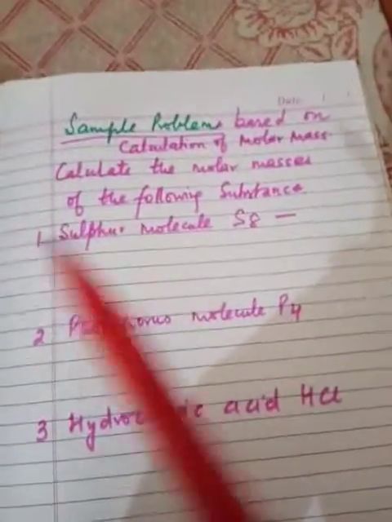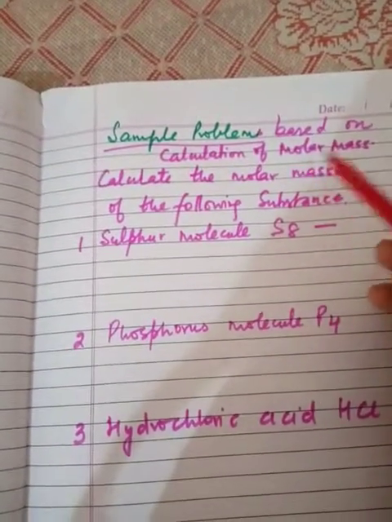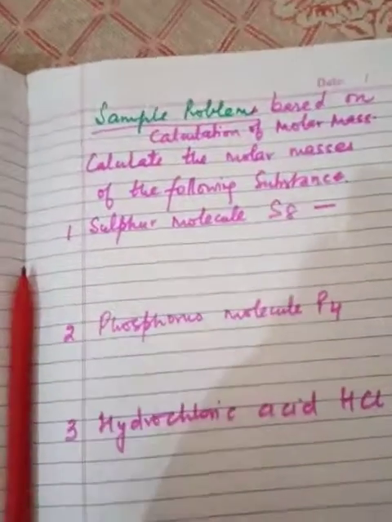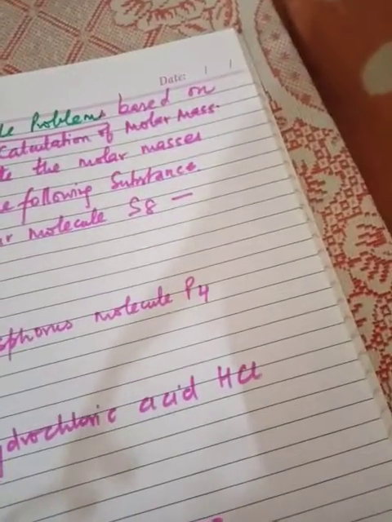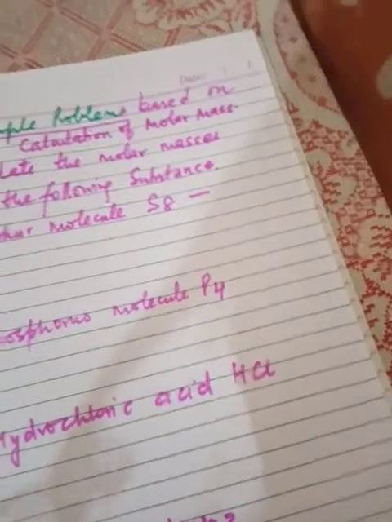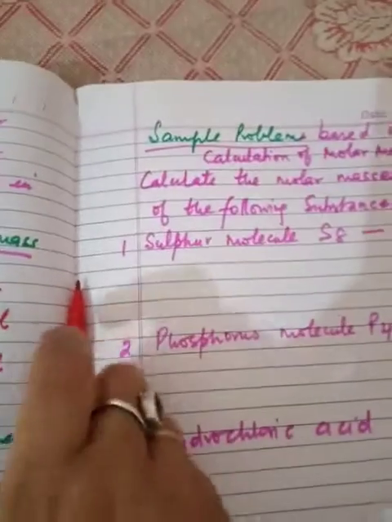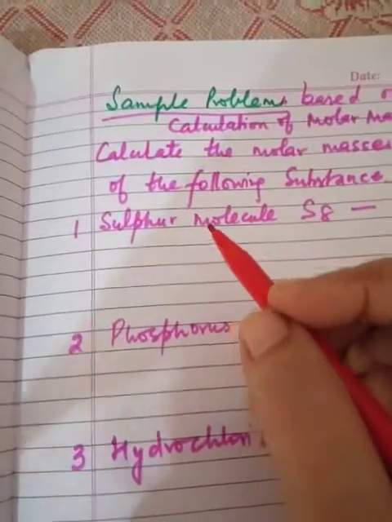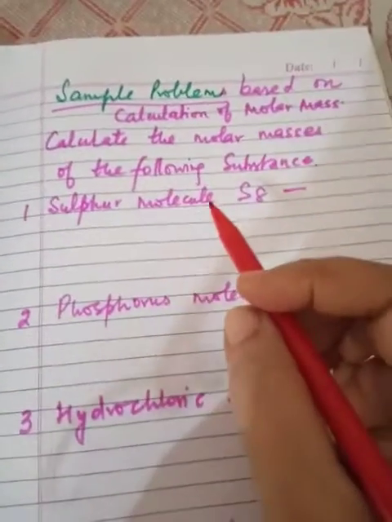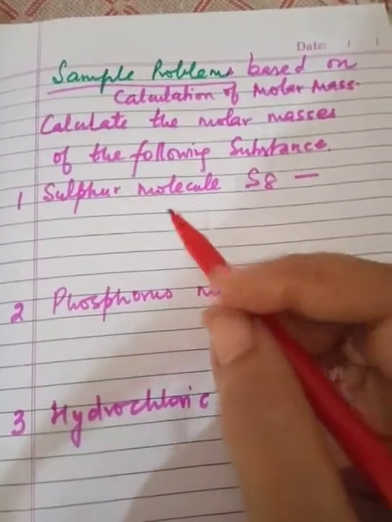Now, let us solve some sample problems based on calculation of molar mass. We have to calculate the molar masses of the following substances. For the calculation of molar mass, we need the atomic masses.